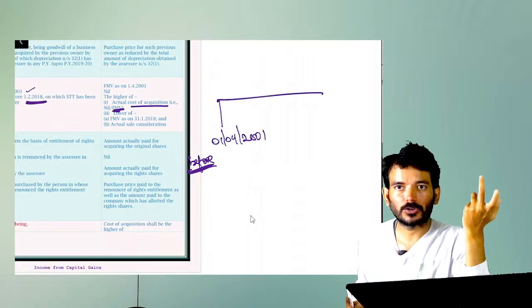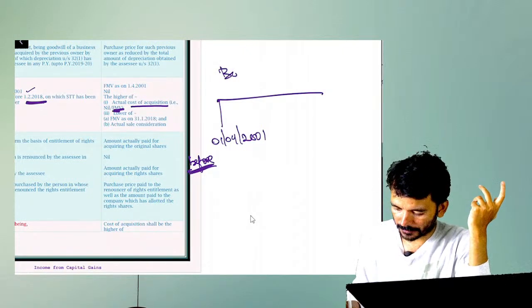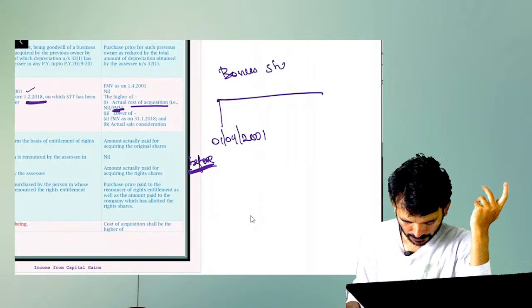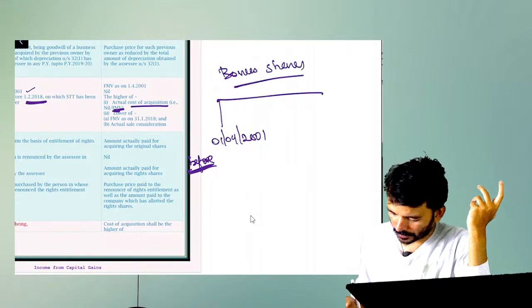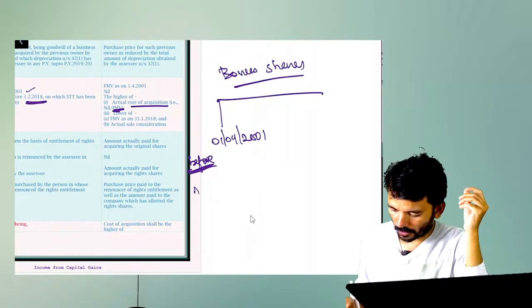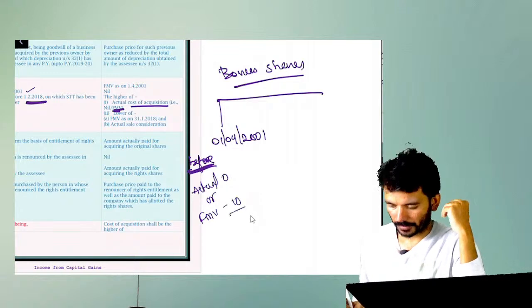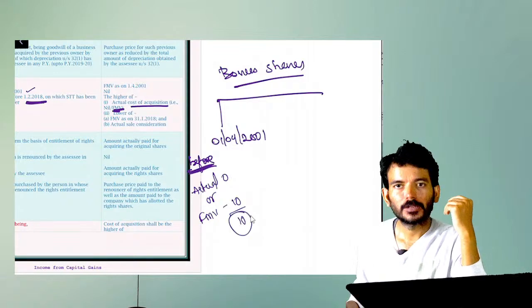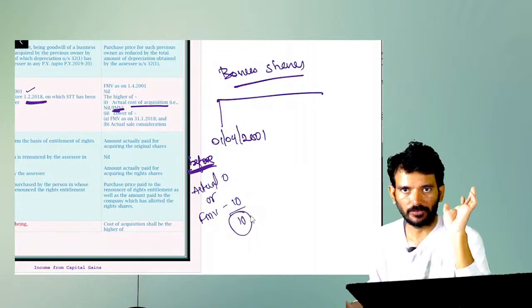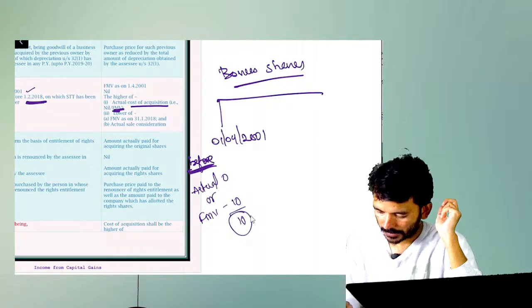Then you can say, what is your cost for your bonus shares? What is your cost bolto? Actual cost or fair market value. Actual cost is always 0, fair market value may be 10 for example. So I can take 10 as my cost of acquisition with respect to bonus shares.